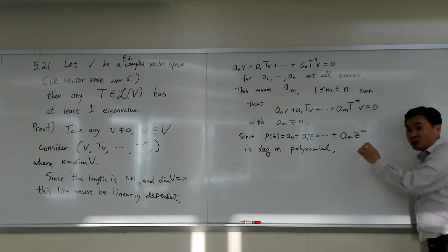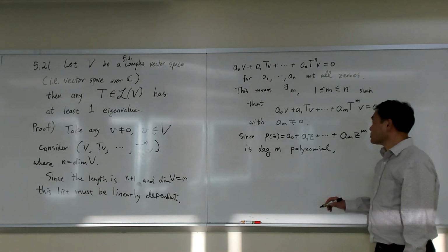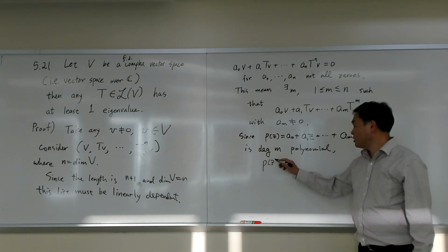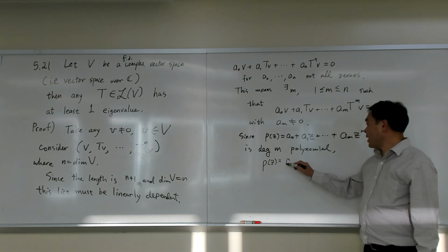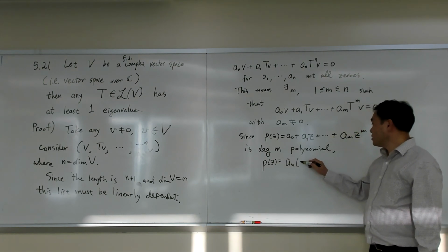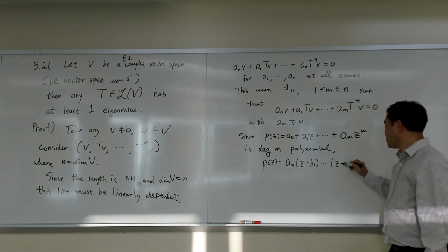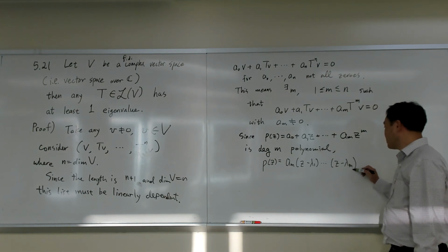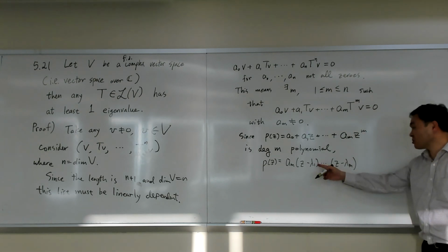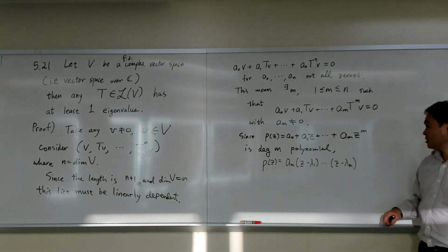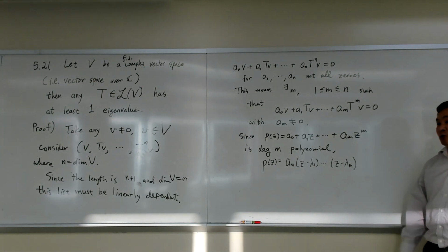Okay, some of them could be equal. So that means P(z) is equal to Am times (z minus lambda 1) through (z minus lambda m). Some of the lambda k's can be equal to each other, that doesn't matter. All I care is that you have m of those. Right?